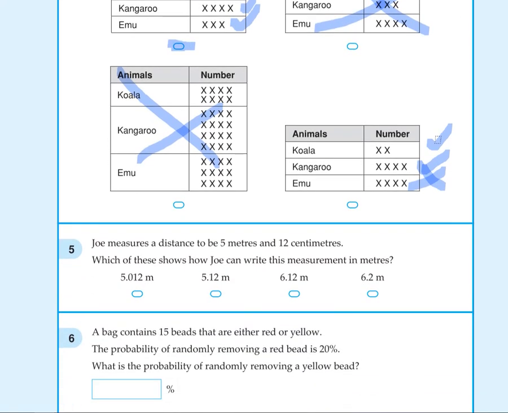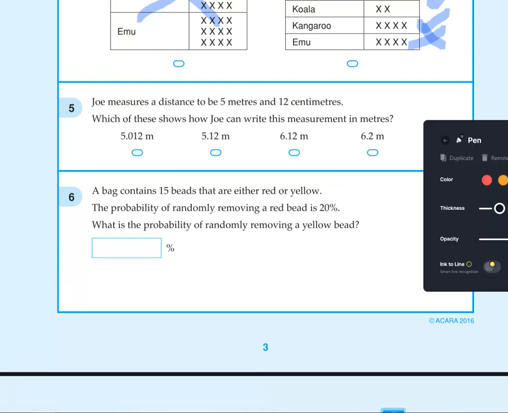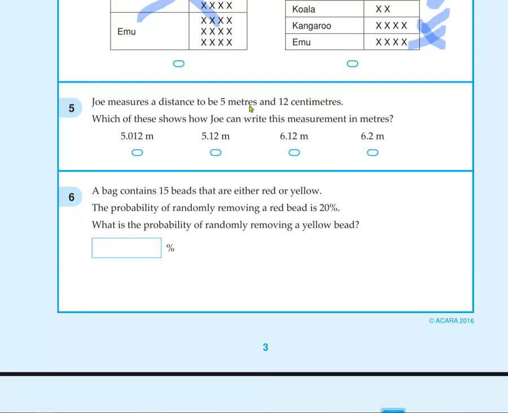Okay, next one. 5 meters, 12 centimeters. So 5 meters, 12 centimeters. 1, 2. One lot of tenths of a meter and 2 lots of hundredths. You should know as well that 5 meters is 500 centimeters.